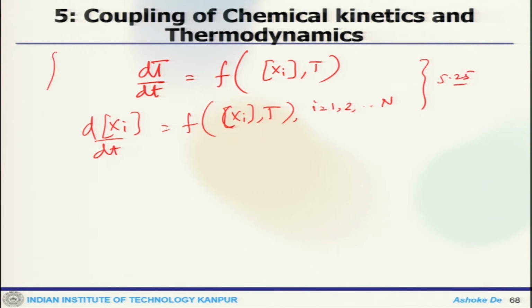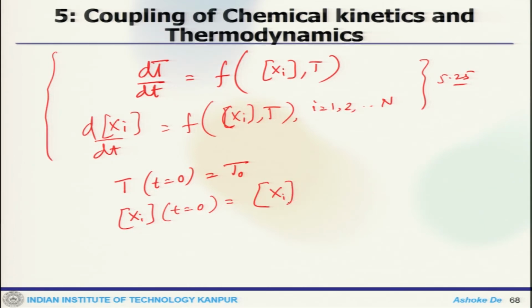Now this set of equations can be solved with the initial conditions like T at 0 equals T naught and xi at 0 equals xi naught. So, these are the initial conditions. This set of equations can be solved subject to this initial condition. Now, that is how you get the solution for the temperature and the concentration in the volume constant reactor.